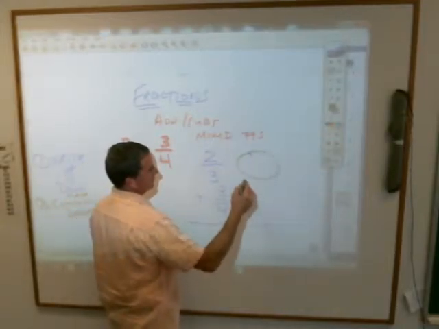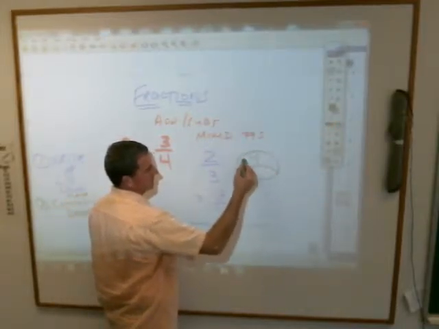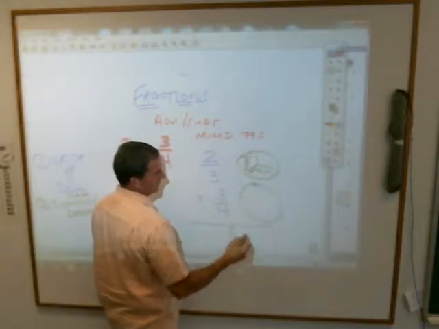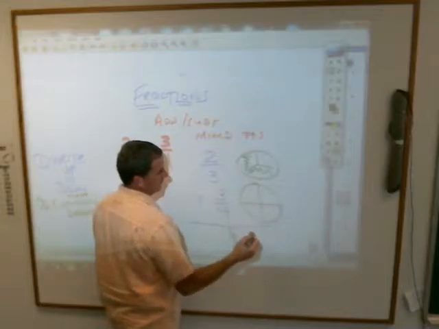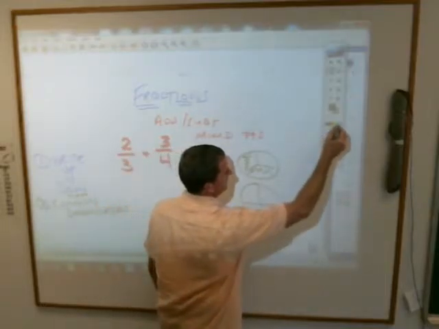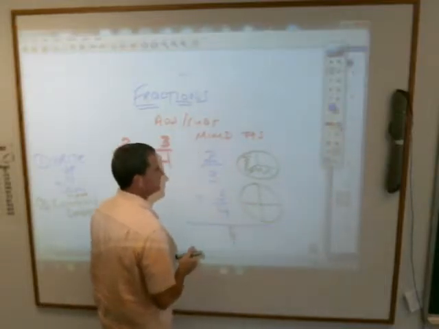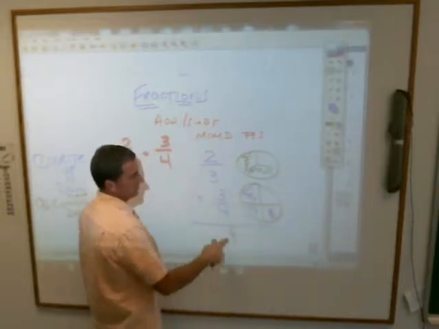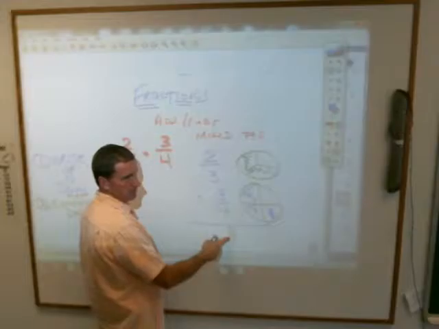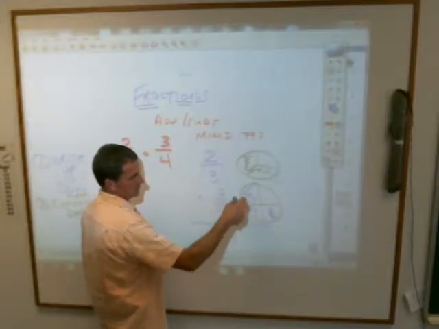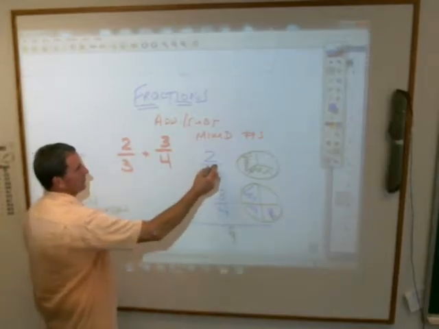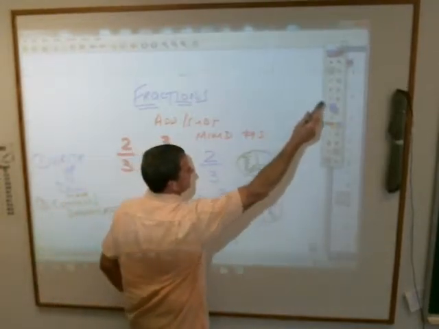If you look at a pizza and you have 2/3 of it, and then another pizza and you have 3/4 of it, you're going to get a fraction that's bigger than 1, obviously. So we have to do what's called changing to common denominators.